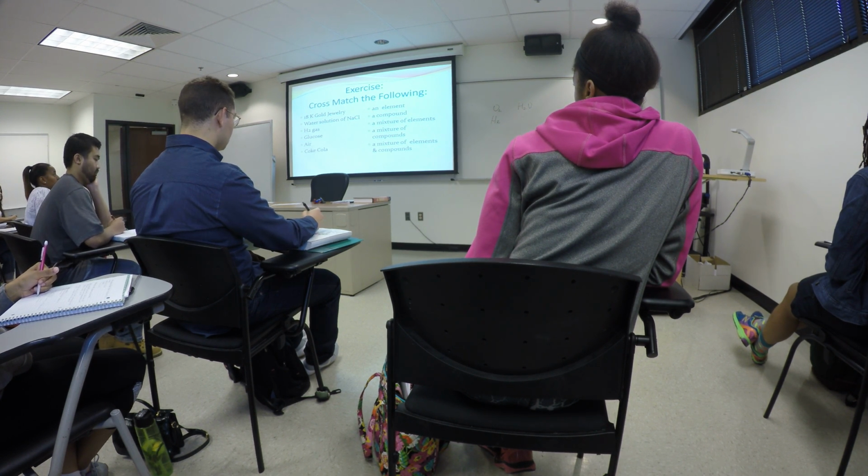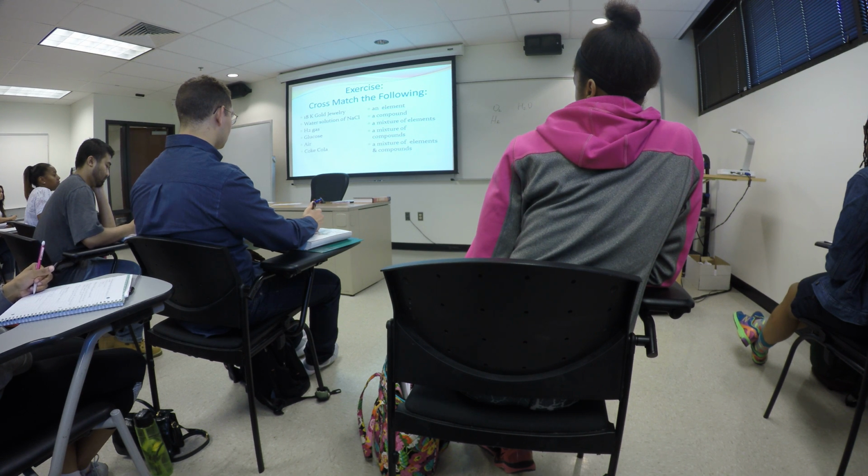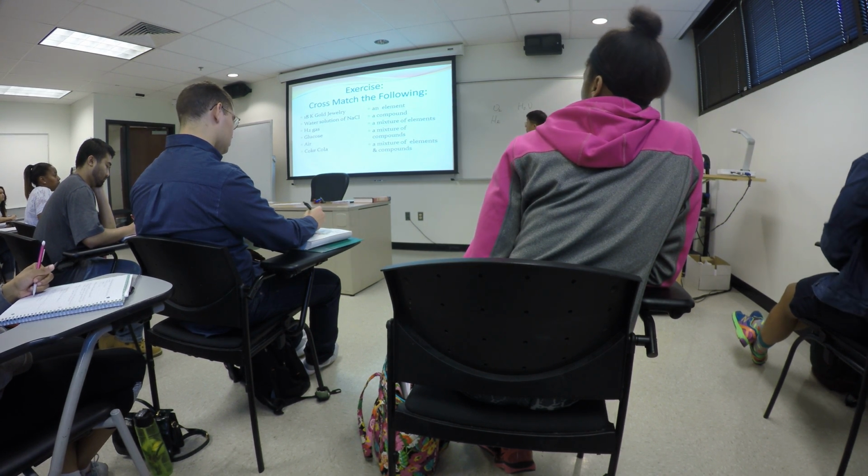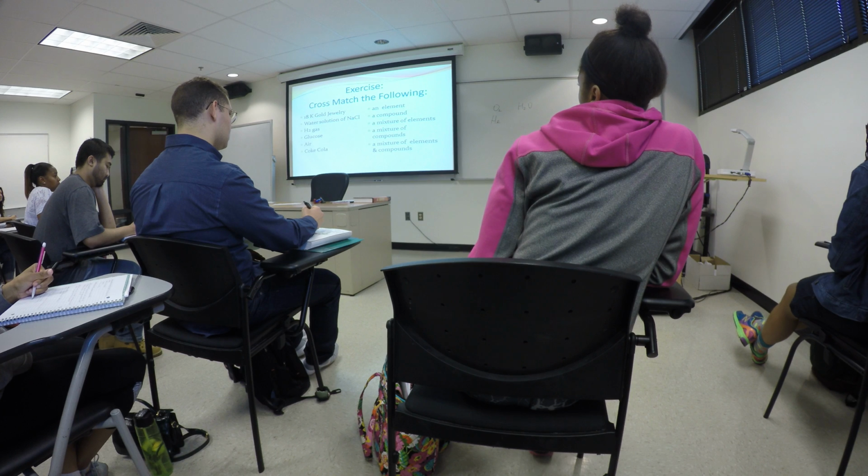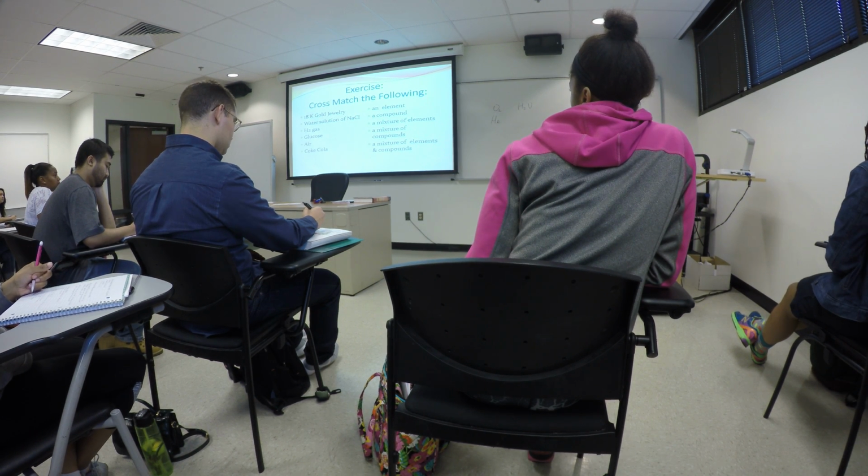Air. Mixture of elements. It's mainly a mixture of elements. Oxygen gas, that's an element. Nitrogen gas, that is a big part of the composition of the air here: 78% nitrogen, 21% oxygen.